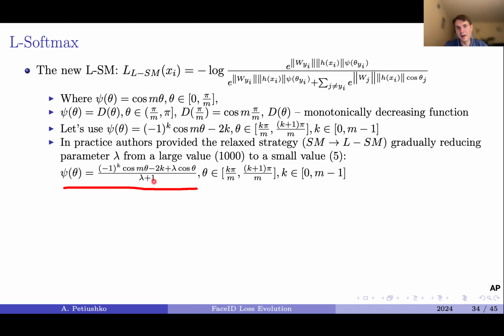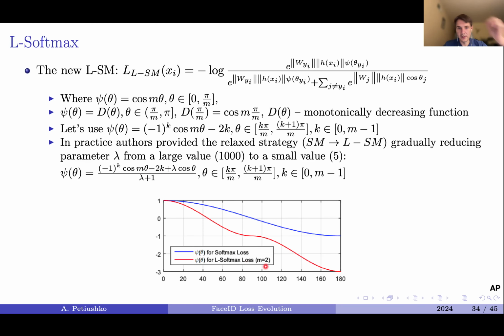You can see that when lambda is very large, this term just dominates everything, so in this case we would have just cosine. But when lambda is small, this term also becomes important. So we are moving between cosine theta and cosine of m multiplied by theta.